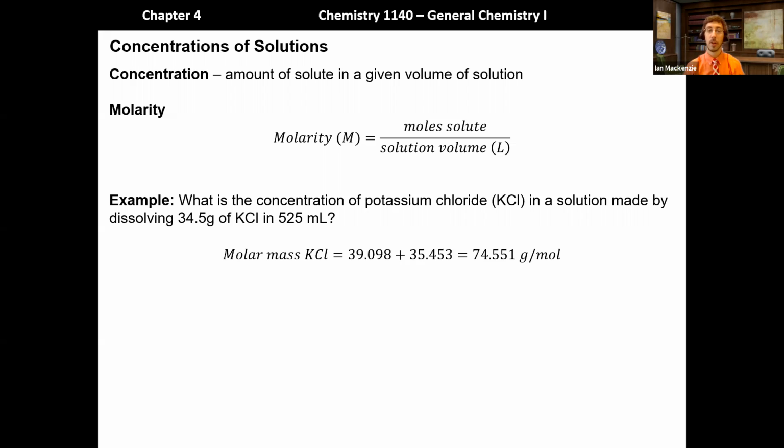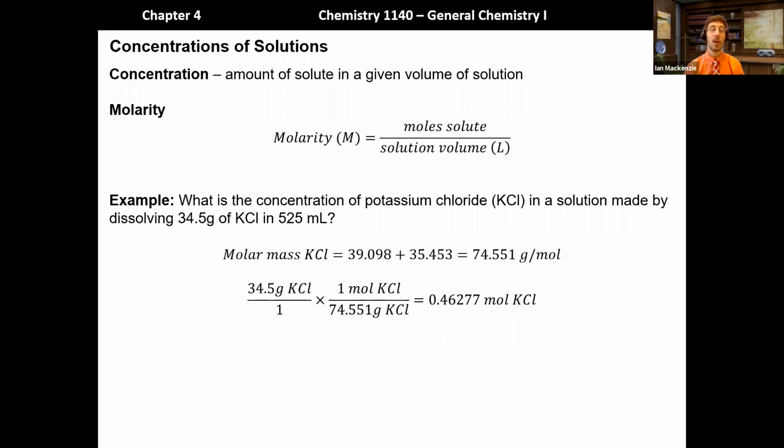So we first determine the molar mass of KCl, add up the atomic masses, and we get 74.551 grams per mole. Then take the number of grams of KCl, use the molar mass as a conversion factor as we've done before, cancel out grams, and come out with 0.46277 moles of KCl.